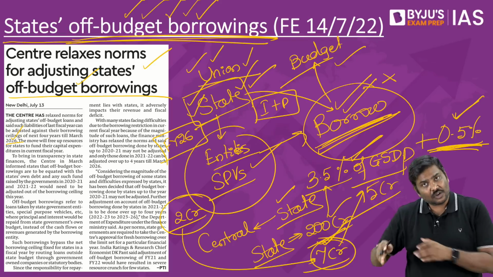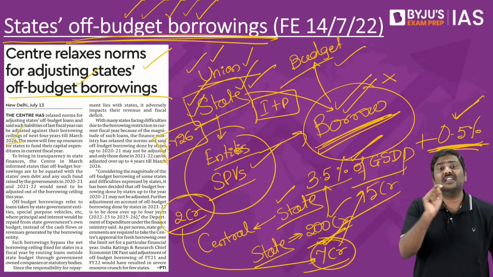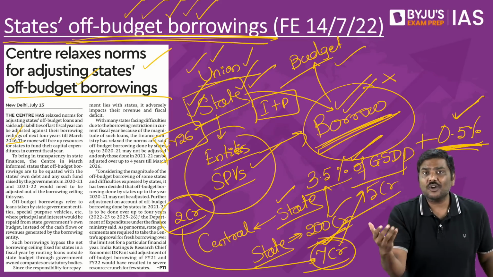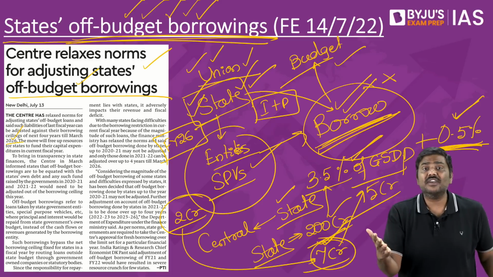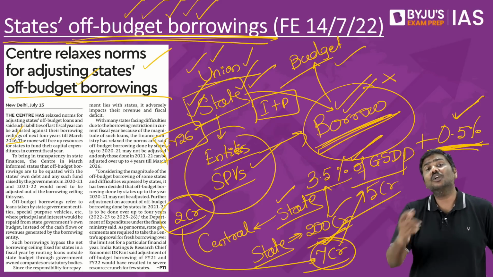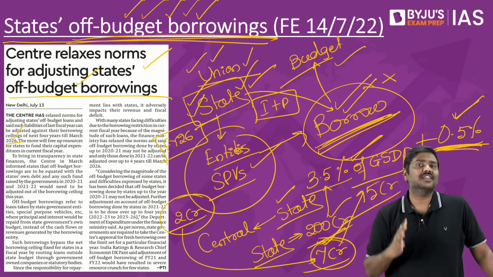Rather than borrowing 7 crore in this example, the state is now limited to borrowing only up to 5 crore. That will again have an impact on how much they can borrow and how much they can invest, especially looking at the current situation. This will limit the growth or recovery potential of the states.